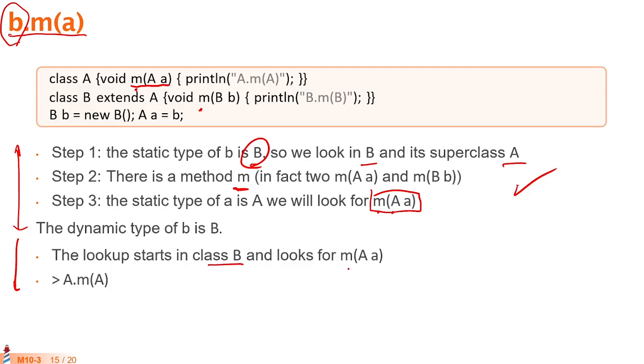We are looking for the method with the full signature m that receives a class a as parameter. Is there a method with this signature in class b? No, there is not. So we continue looking up in the superclass, and we have found the one that we want to execute. We execute it, and in the console we have the correct message.